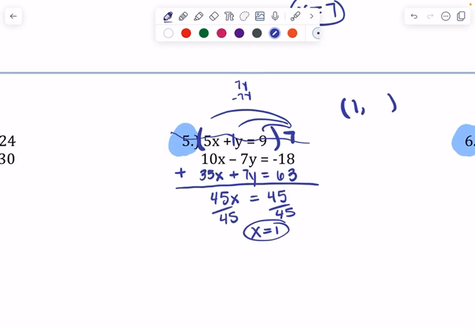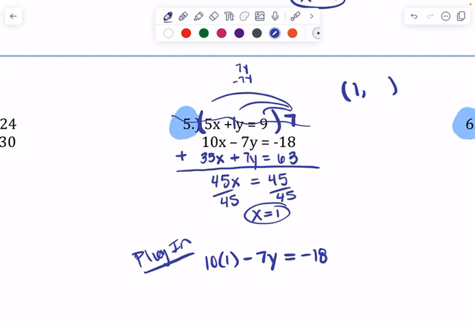We need to solve for our y. So pick one of your original equations. It does not matter which one. I'm just going to use the one I don't have crossed out. So I'm going to use the 10x minus 7y equals negative 18. We found x. So 10 times 1 minus 7y is what we're finding, equals negative 18.